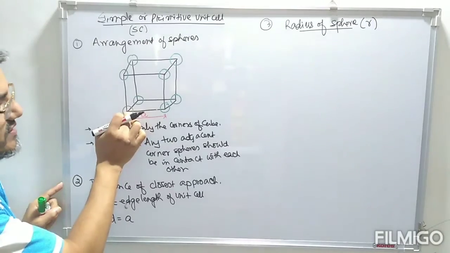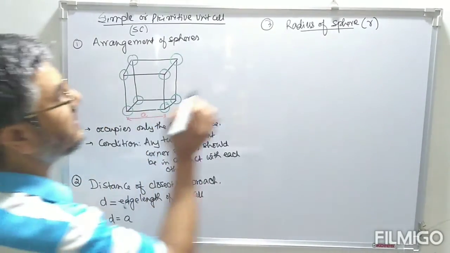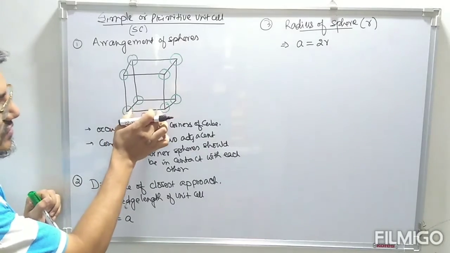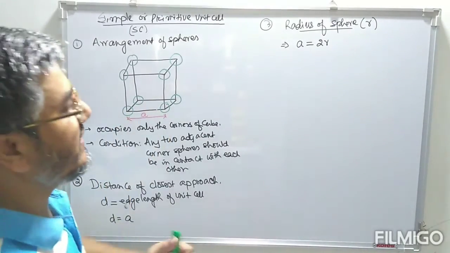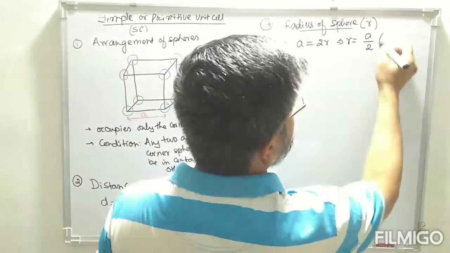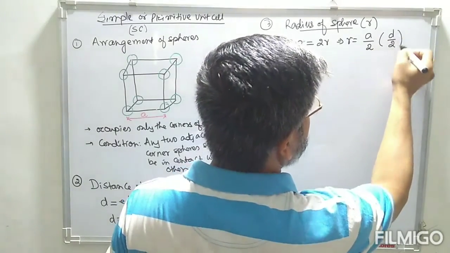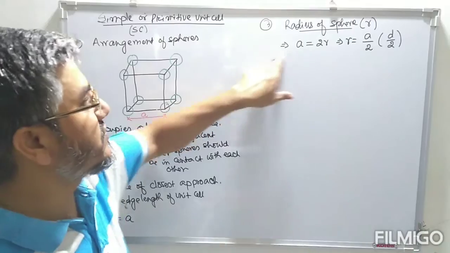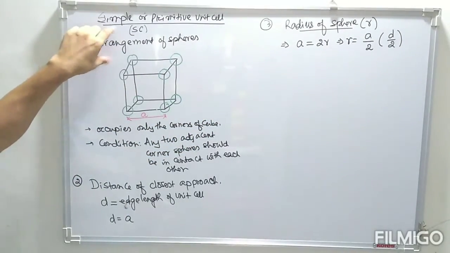If r is the radius of this sphere, then this distance is equal to 2r. One radius is coming from this sphere, another radius from this one, and these two are in contact with each other. Therefore, the edge length a is equal to 2r. So r is equal to half of the edge length, or half of the closest distance. So half of the closest distance is equal to the radius of the sphere in the case of a primitive unit cell.